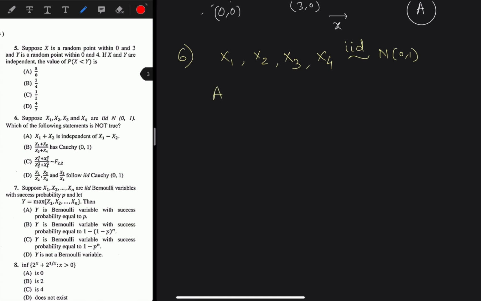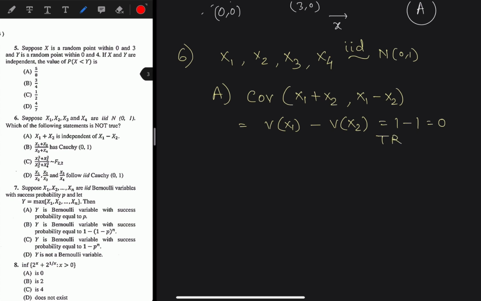Now from option A, we can verify that the covariance between x1 plus x2 and x1 minus x2 is the variance of x1 minus the variance of x2, as the covariance of x1 and x2 will be 0 since x1 and x2 are independent. Both are equal to 1, so 1 minus 1 will be 0, so they are independent.